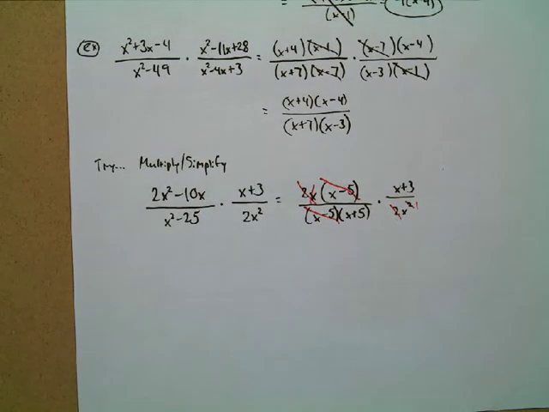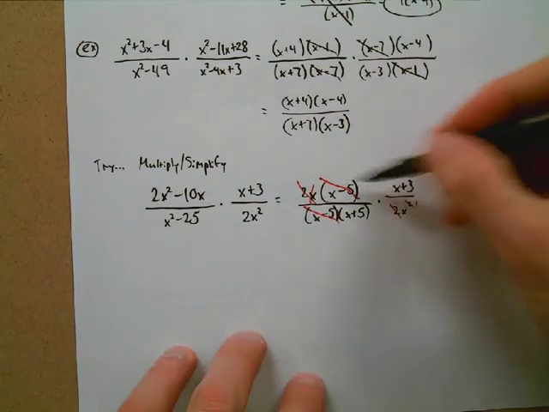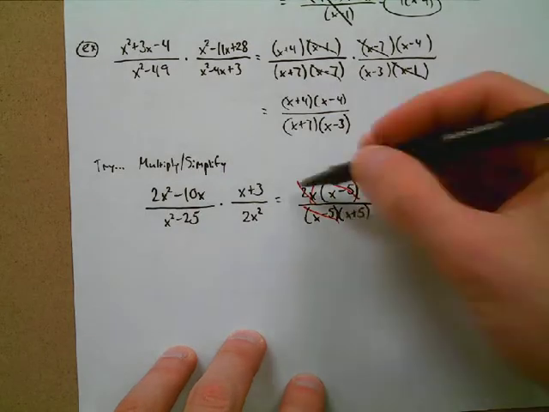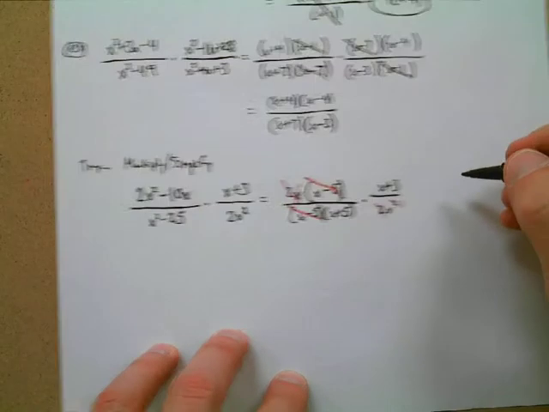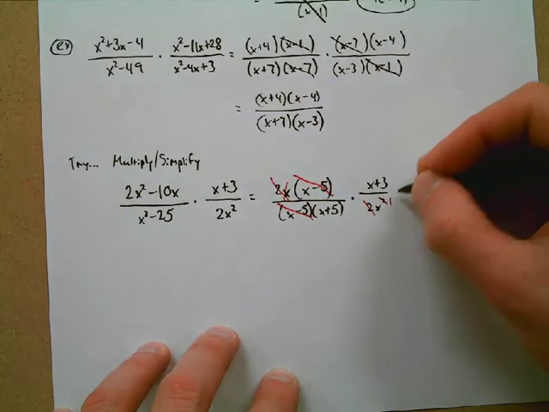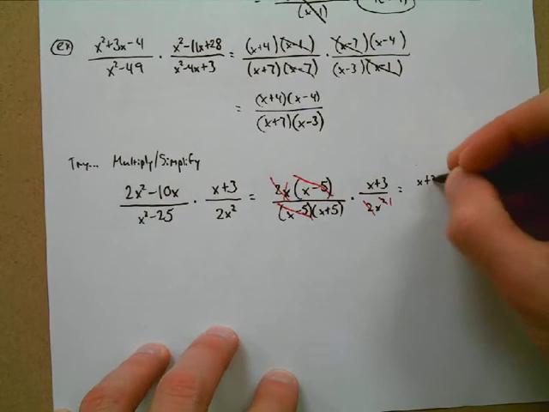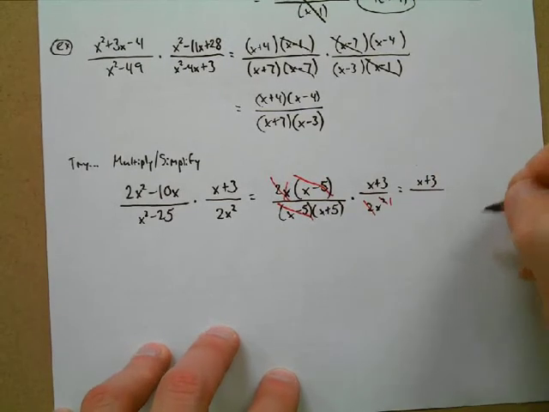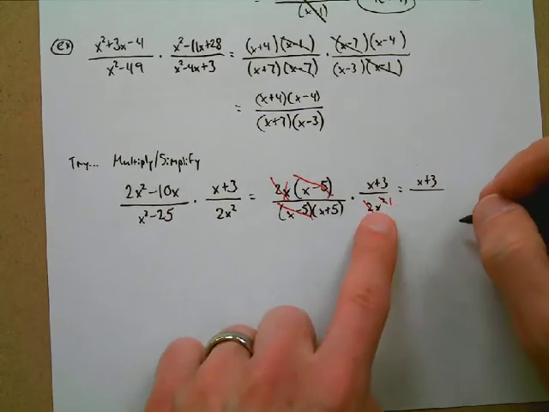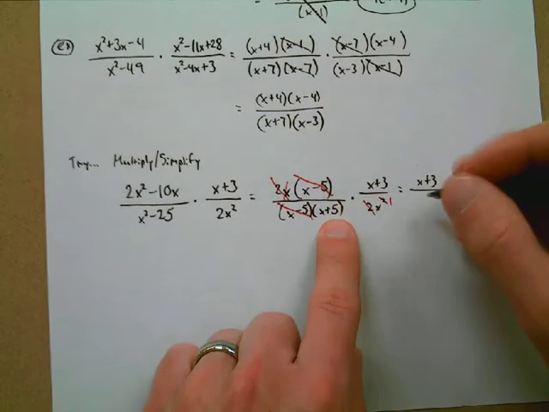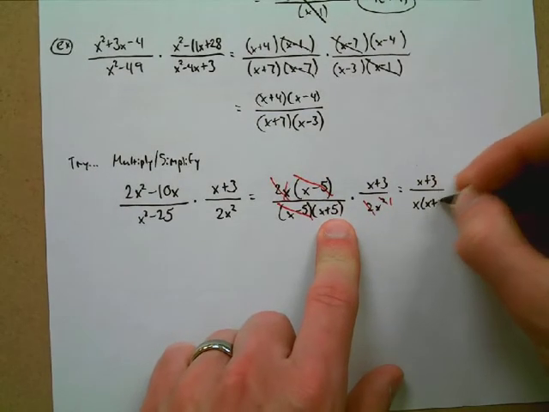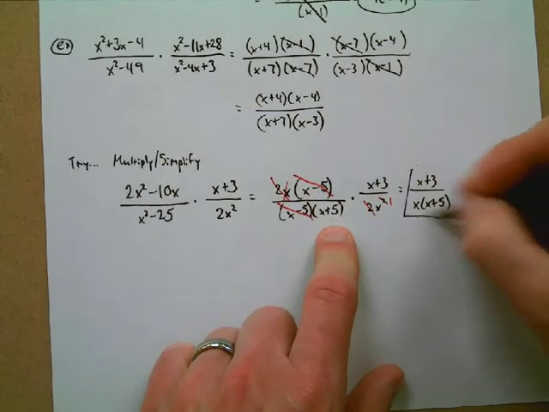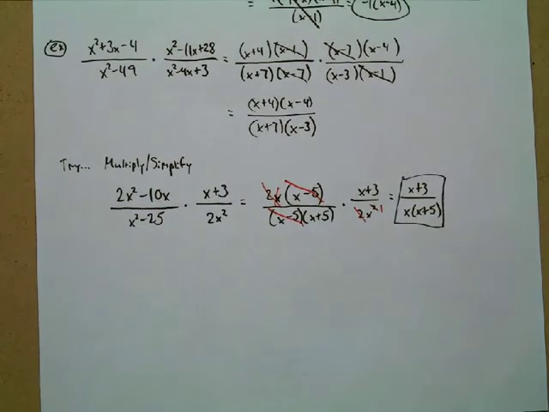What's going to be left in our numerator to multiply together? Yeah, just the x plus 3. Very good. In our denominator, what's left over? We have the x to the 1, and then the x plus 5. So we'll have x times x plus 5. And there's our simplified answer. That's the best we can do. Good. Questions on that?